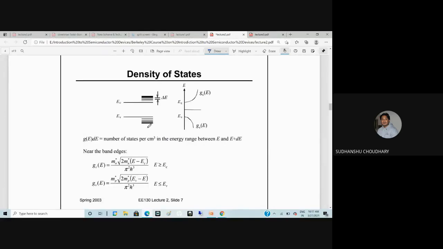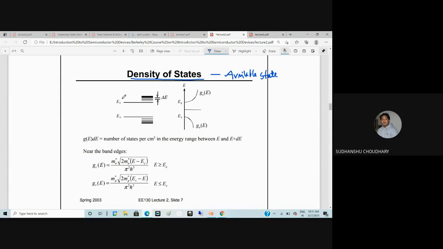Now, another important thing to discuss here is the density of states. Density of states, or we say density of electronic states or available states. When I say available state, that means it is not occupied by an electron, for example in the conduction band and also in the valence band.